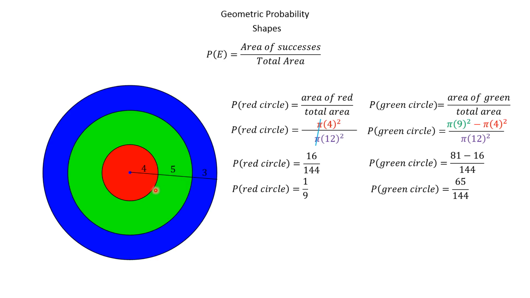That will not change the probability because the area of the red circle is staying the same and the total area is staying the same. So it doesn't matter that it's in the inside. Hitting this circle would be the same as hitting a circle with radius 4 right over here. That probability does not change if we move the target.